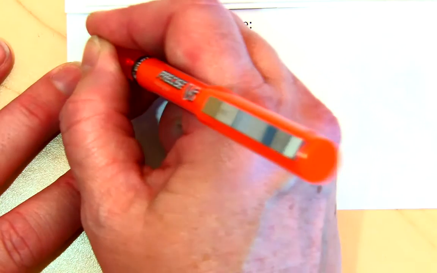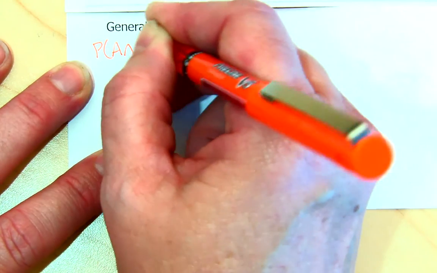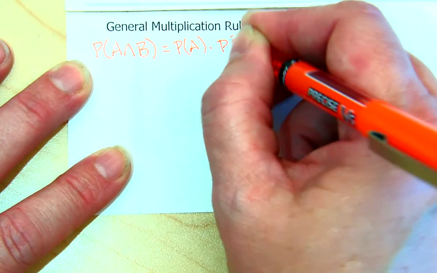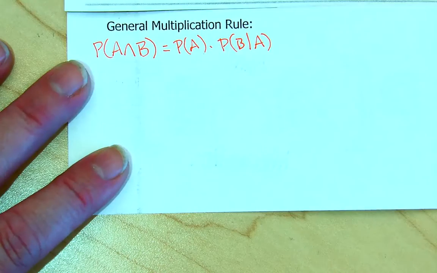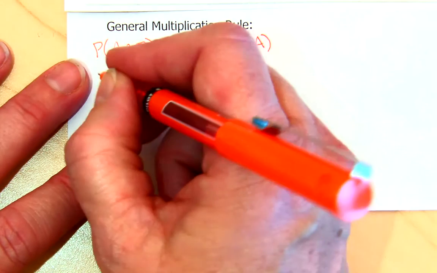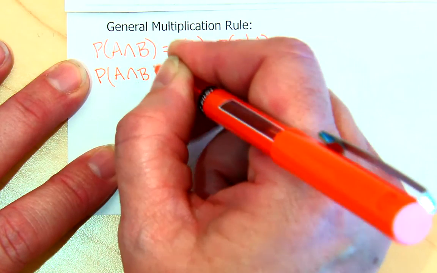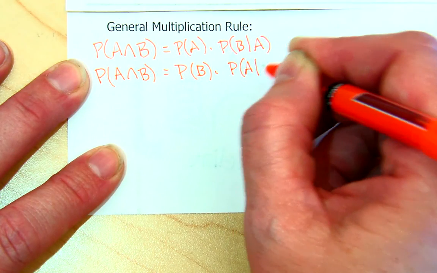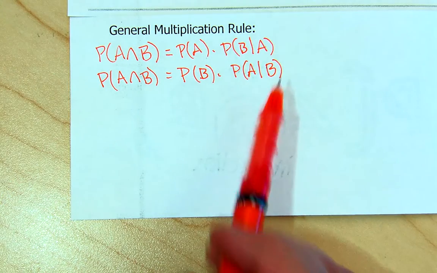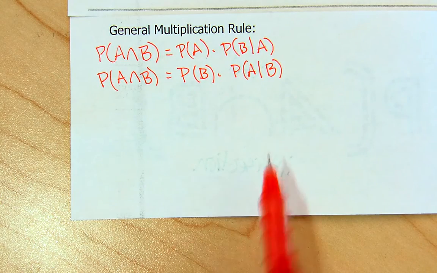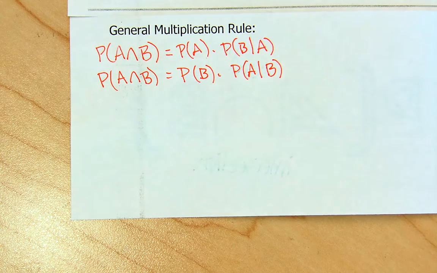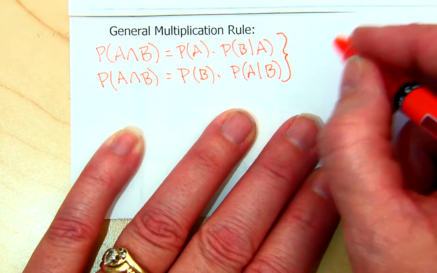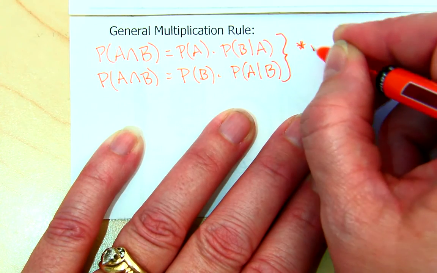So that just says the probability of A and B is the probability of A times probability of B given A. Or we could say it's the probability of B times probability of A given B. So it just depends on which one they tell you the conditional for. Whichever one you have here is going to tell you which one to multiply by. This is just a rewriting.